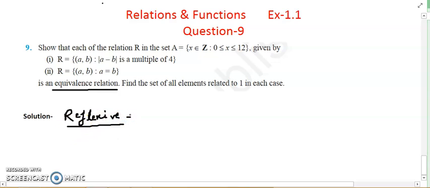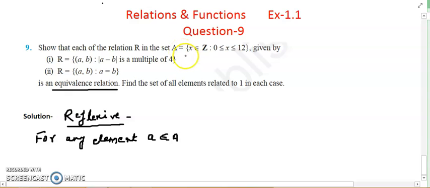So for reflexive, for any element a belongs to capital A, meaning the set A.